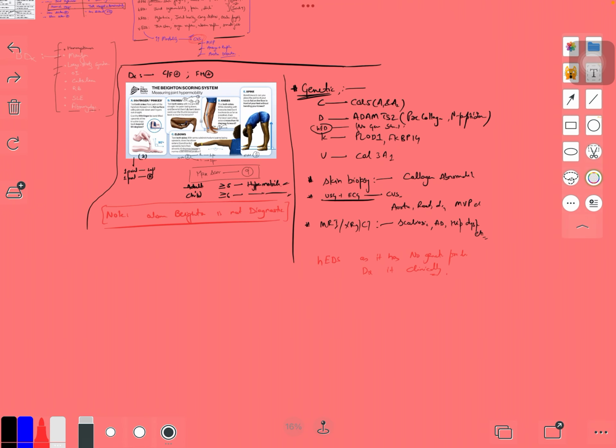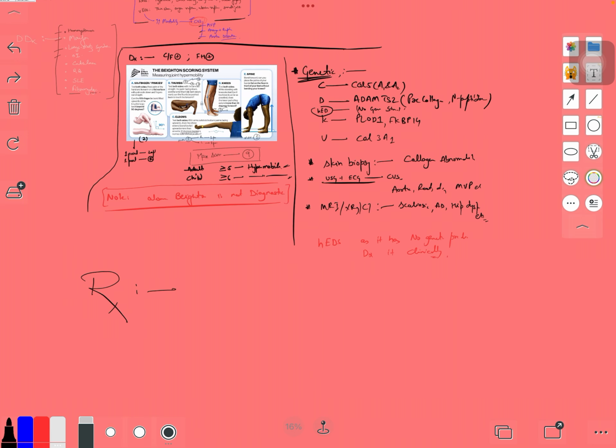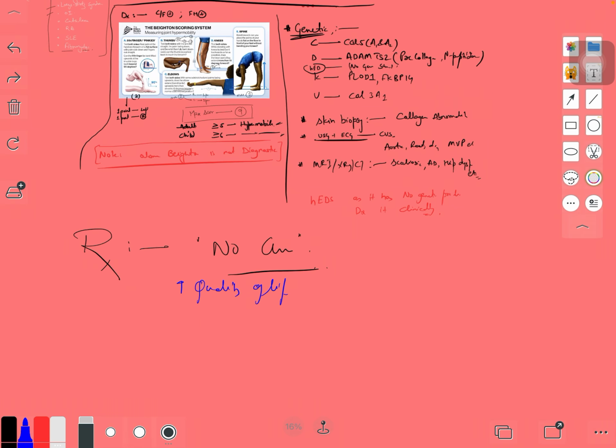Right, so we are done with this, and lastly, our favorite: how to treat the patient. So there is no cure, only management, to improve the quality of life. Do the physical therapy, but not so much that it can cause or induce trauma. So moderate physical activity will strengthen your joints and help relieve pain.